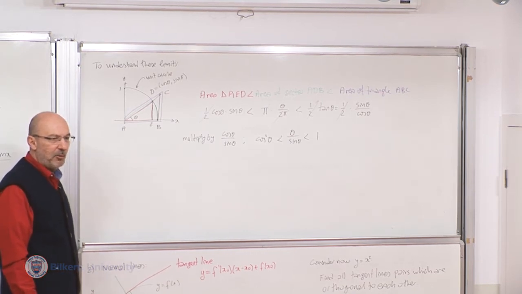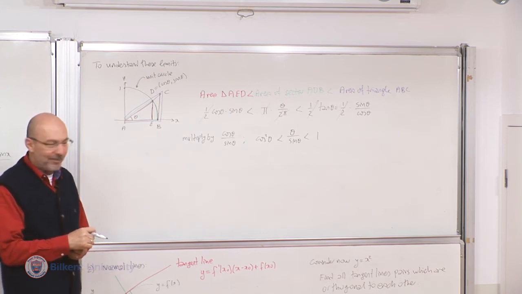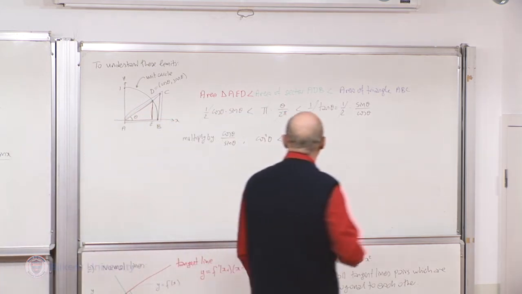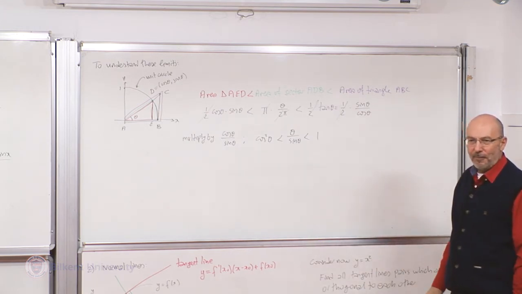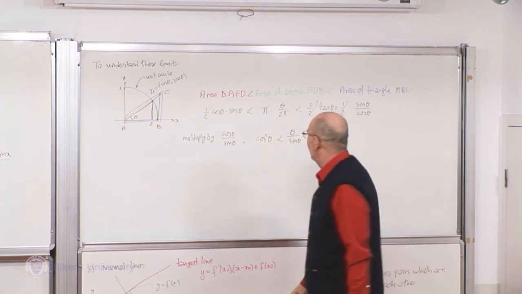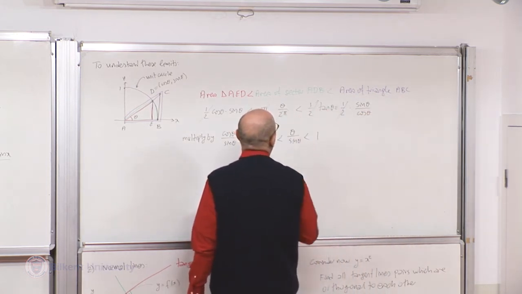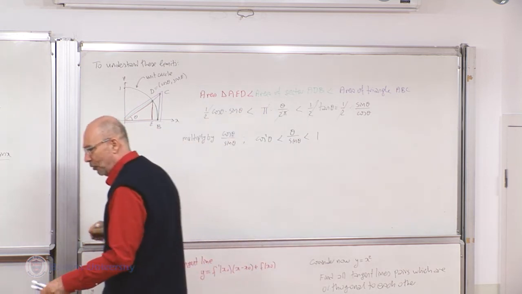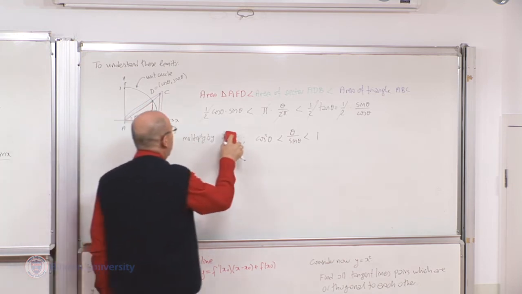Does everyone agree? I multiply this by cosine theta over sine theta. Here I have cosine theta, right? I don't want that, so let's just divide by cosine theta.